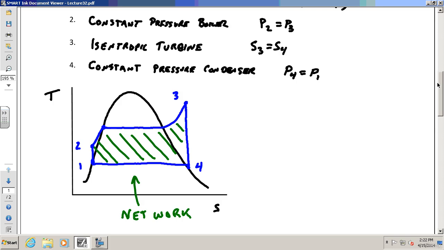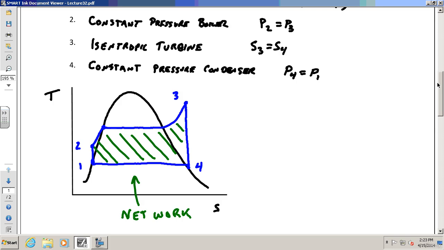What that means practically is that I want the most work possible out of my Rankine cycle, right? I basically want the shaded area to be as big as possible. Okay? I want this area to be big. So I probably ought to think about how I could raise the top of it, right?